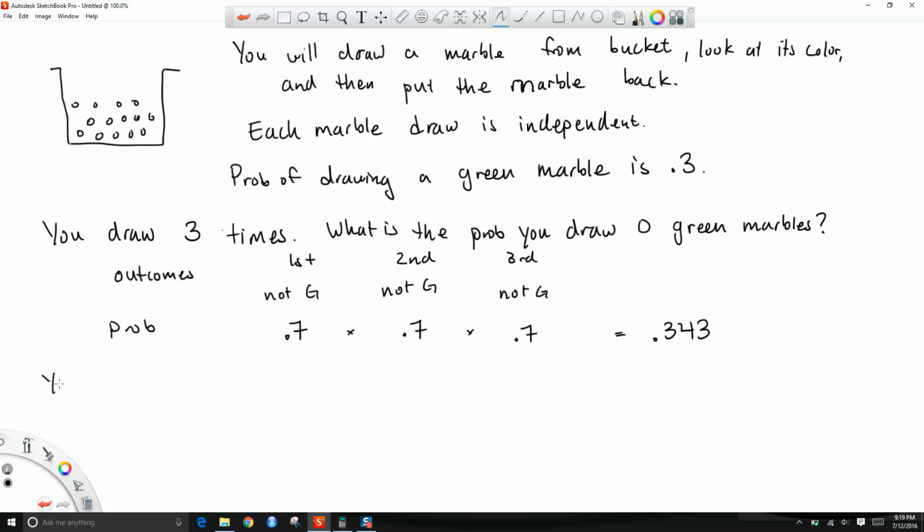We'll say you draw 3 times. What is the probability you get green, then not green, then not green?